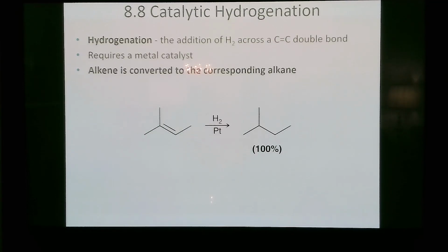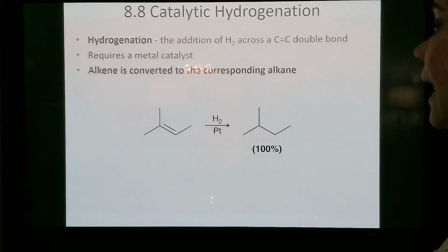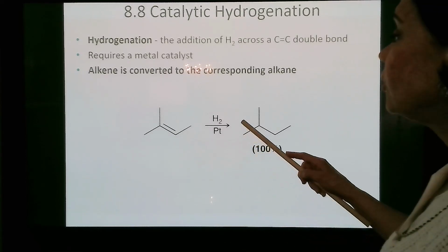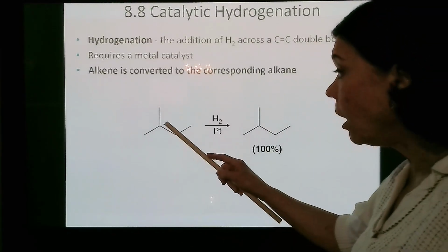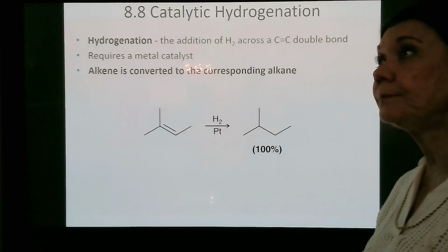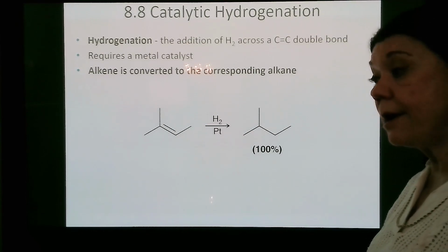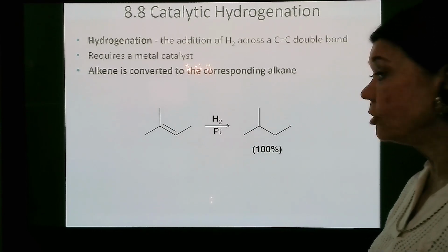Now, go on to catalytic hydrogenation. Catalytic hydrogenation is simply the addition of H2 across the double bond. And there are a lot of reactions that will give catalytic hydrogenation.